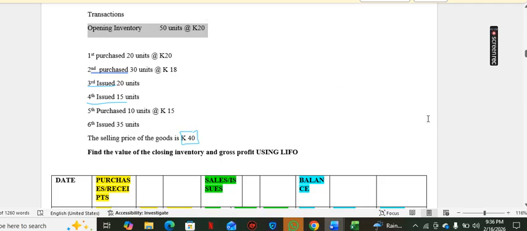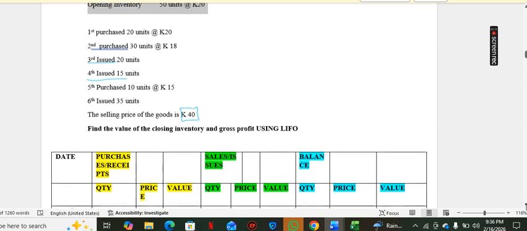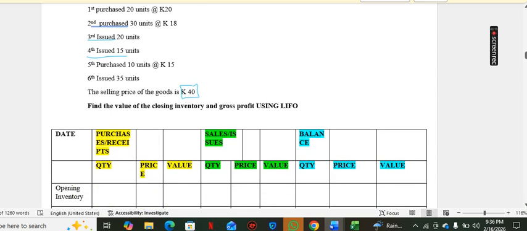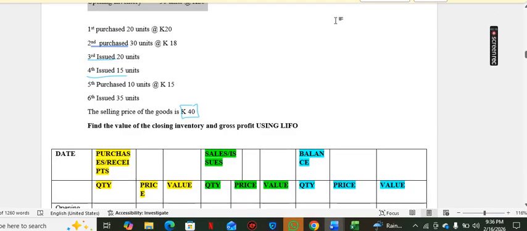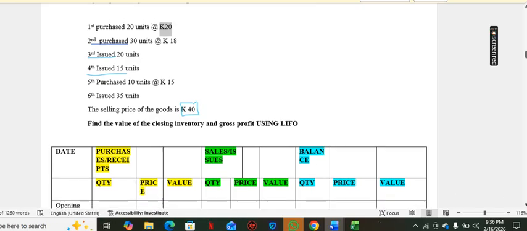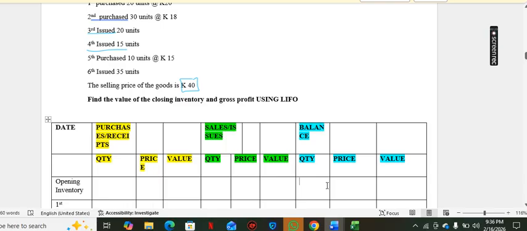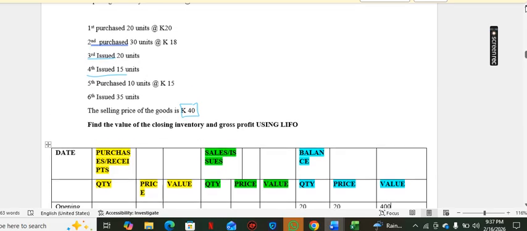This opening inventory will usually go in the balance section. You're going to take note of the quantity, 20 units, the price, 20 kwacha. So this is the worth of the inventory, 400 kwacha.